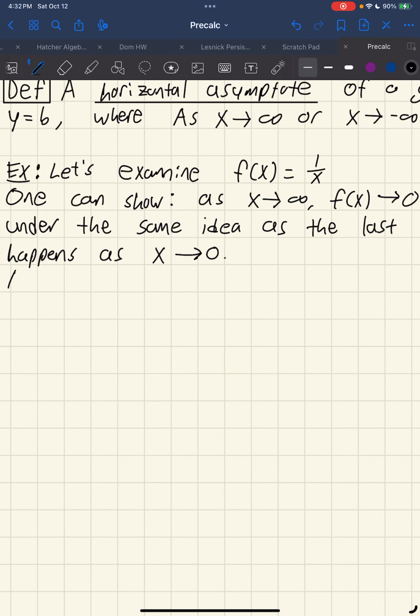Well, I could start in the case where x equals 1, and then we get smaller, but let's just jump right ahead into 1 over 10.